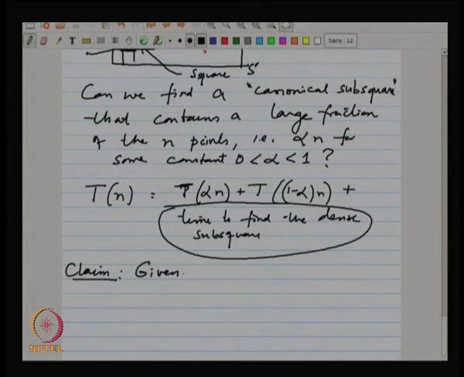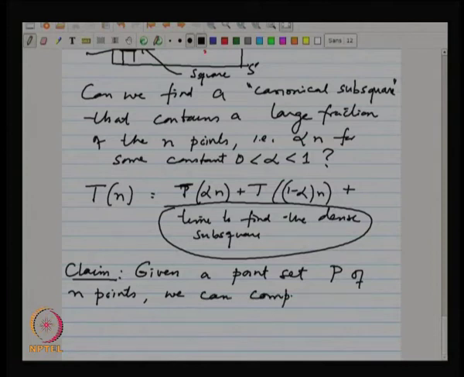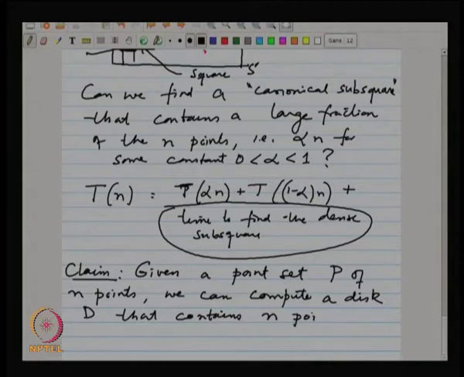Given a point set P of n points, we can compute a disk D that contains k points, where k is less than or equal to n, and k is a specified parameter.